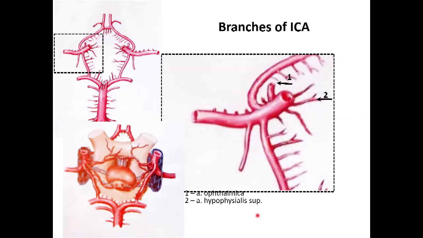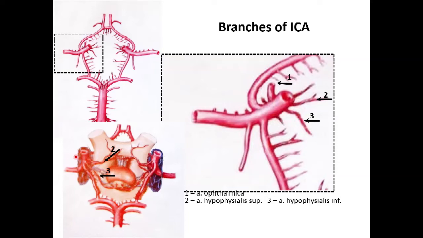So for us it's easy to understand that vessel number 2, Arteria hypophysalis superior, is here. And then we can find vessel number 3. Vessel number 3 is Arteria hypophysalis inferior. Here it is.